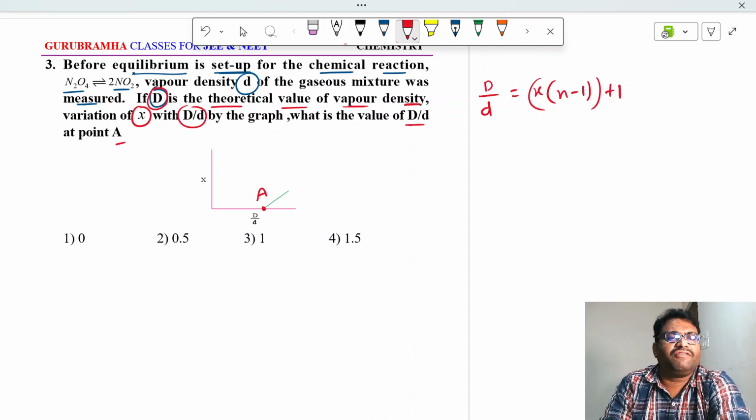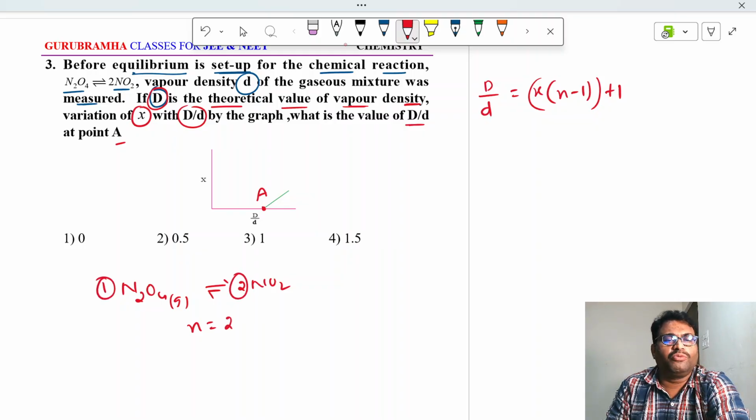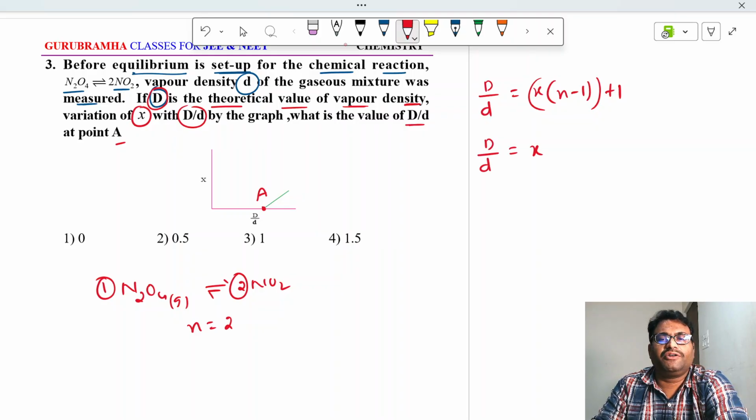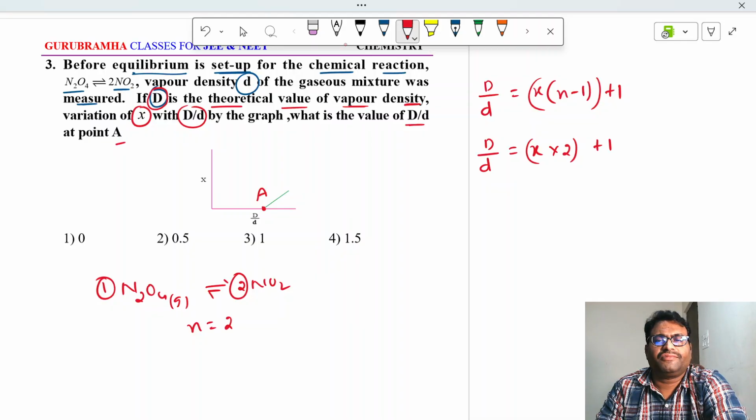For N2O4 gaseous giving rise to 2NO2, what is the value of n? n is equal to 2 because 1 mole is producing 2 moles. So I can write D by d is equal to x into 1 plus 1, that is x plus 1.